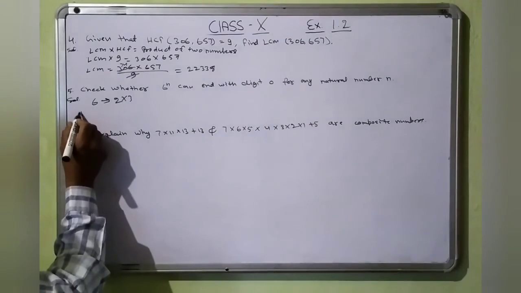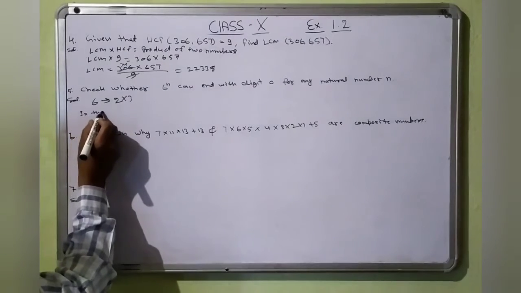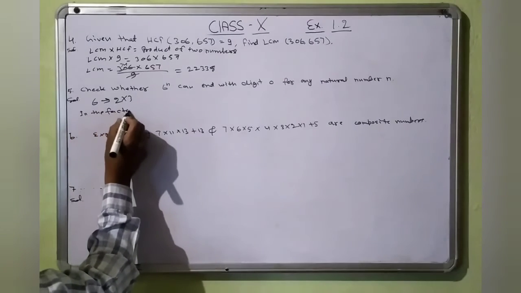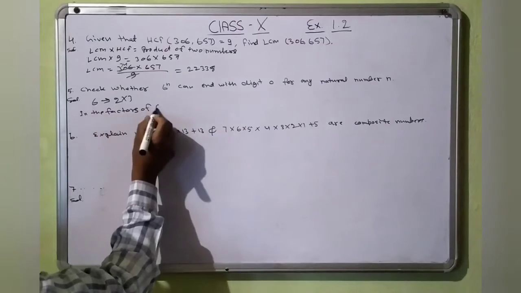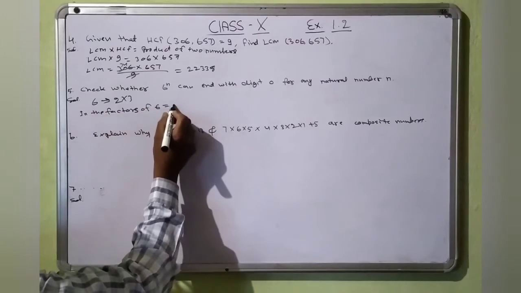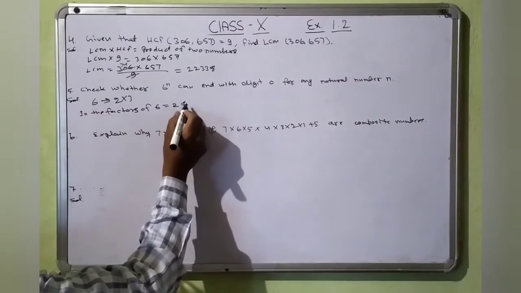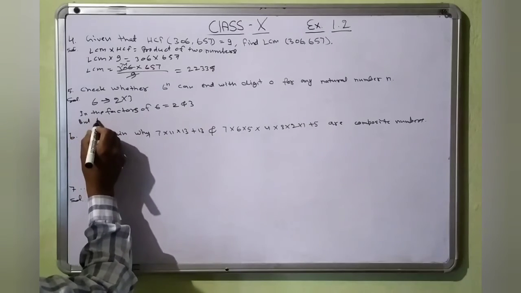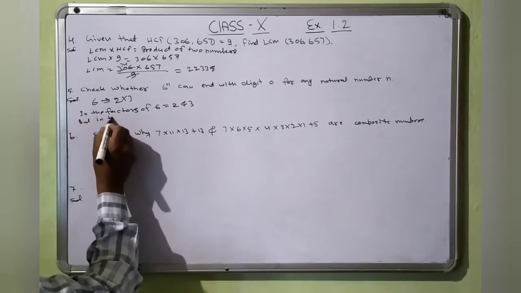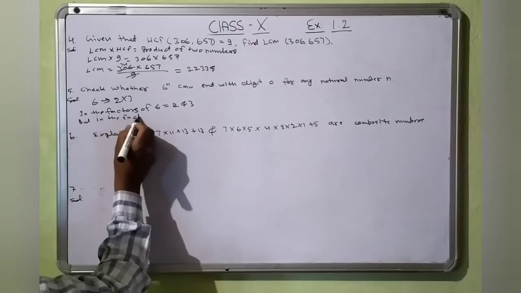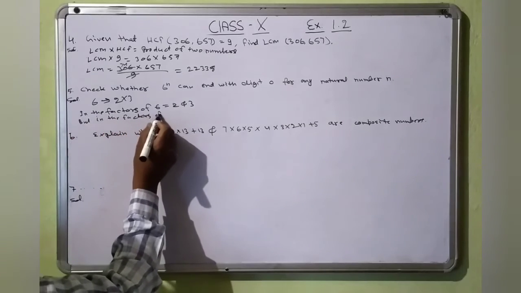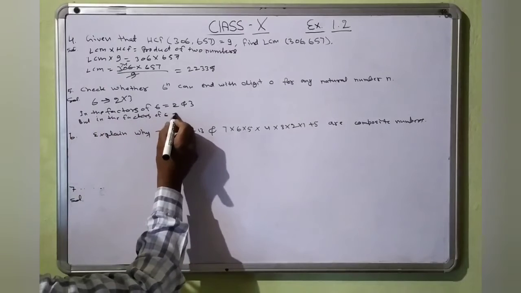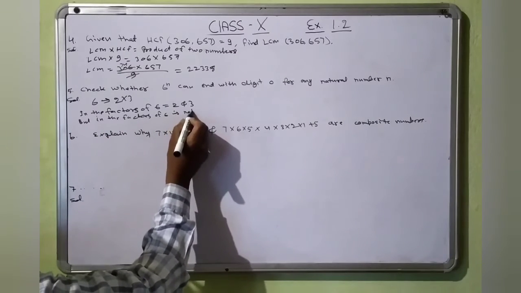In the factors of 6 there is 2 and 3 but no 5.